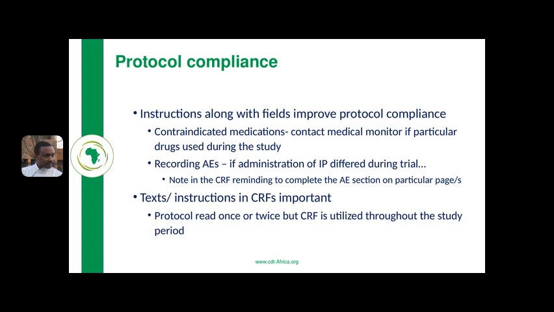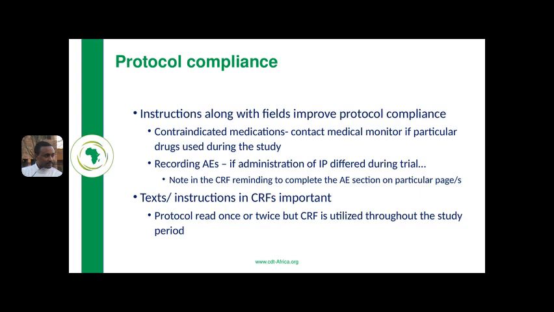And if the administration of the investigational product is deferred during the trial because of probable adverse events, then in this section about the administration of IP, we have to indicate a reminder to the form completers to complete the AE section, the adverse event section, if the IP is deferred due to adverse events.